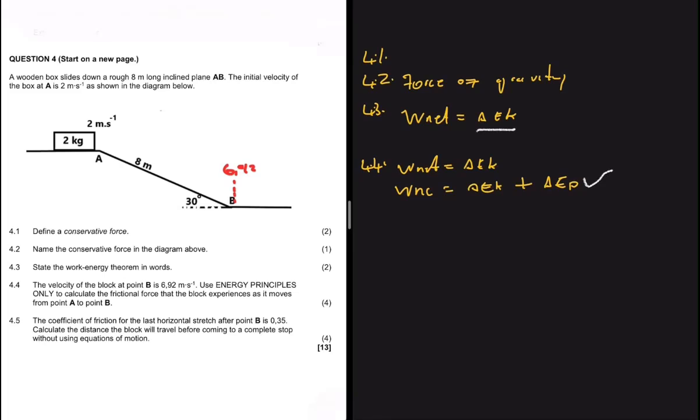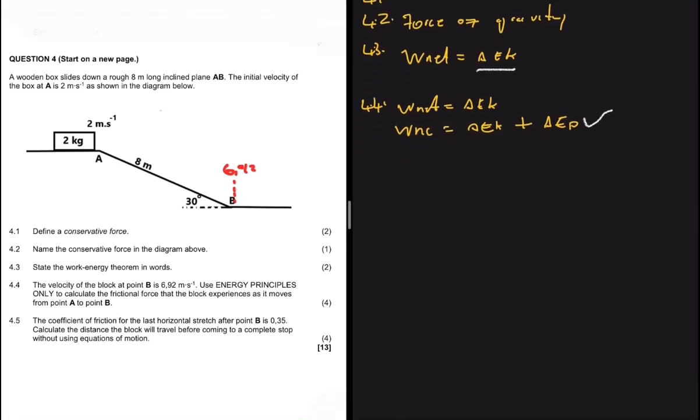So let me go ahead and do that, right? But before I answer any question, I have to draw a free body diagram, so that I can see clearly what is going on. So the block is going down. As it is going down, we know that there is the weight, which we can resolve into weight parallel and weight perpendicular, right?